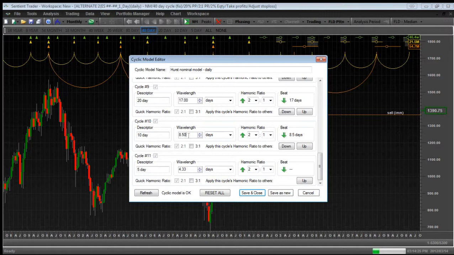Okay, if you come down here and say days, let's make this 7.2 days, you're going to start getting these red errors, and Sentient Trader will tell you the cyclic model is not okay. So that's one thing you cannot do. You must make sure that your harmonic ratios are correct, and the best way of doing that is by adjusting your nominal model by clicking on the harmonic ratio and getting Sentient Trader to calculate the wavelength on the basis of that harmonic ratio. That's the first thing to bear in mind.